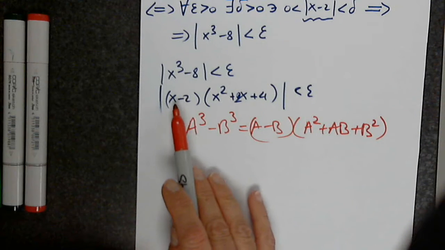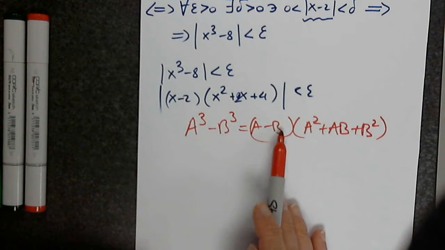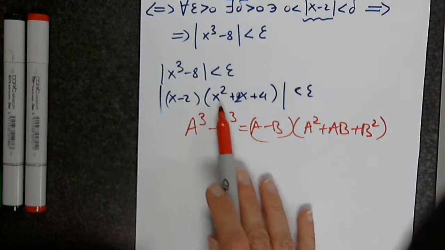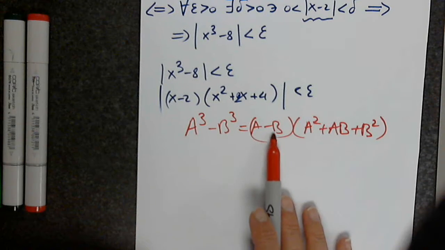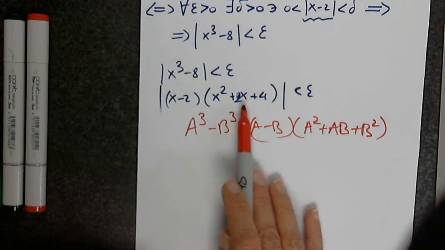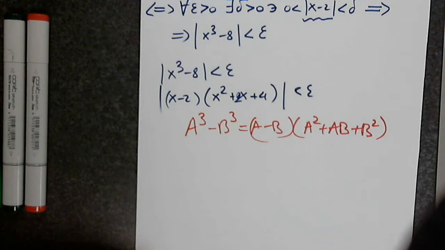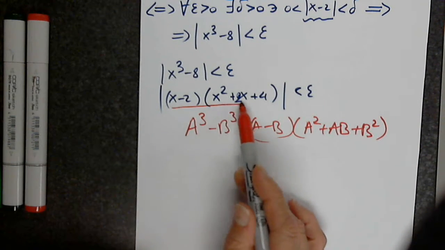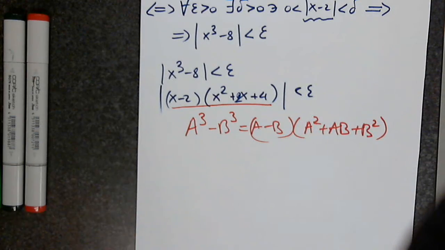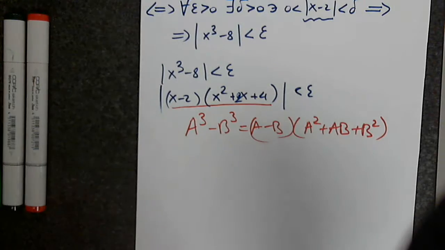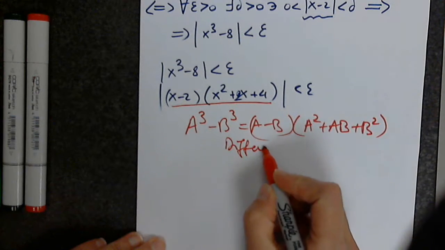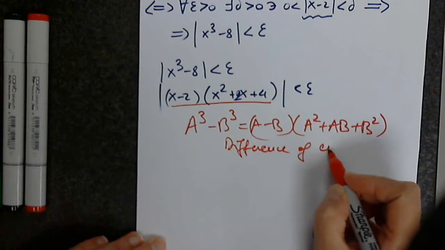So x cubed minus 8 is x minus 2 times x squared, and then plus the product, x times 2, which is 2x, plus the second term squared, 4. So this step is absolutely necessary: factoring the difference of cubes.